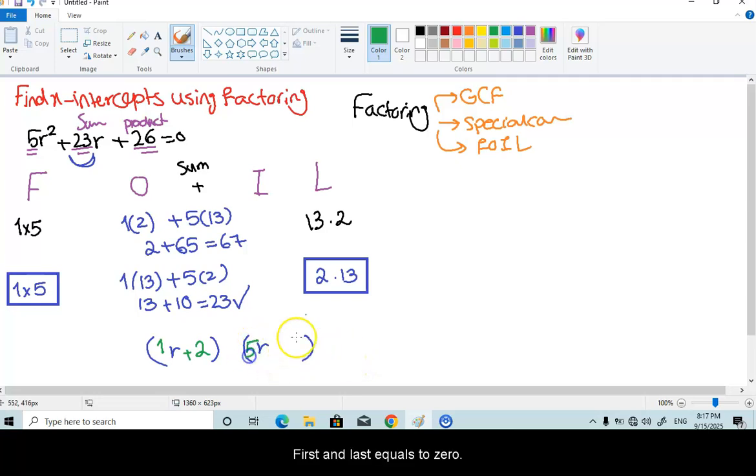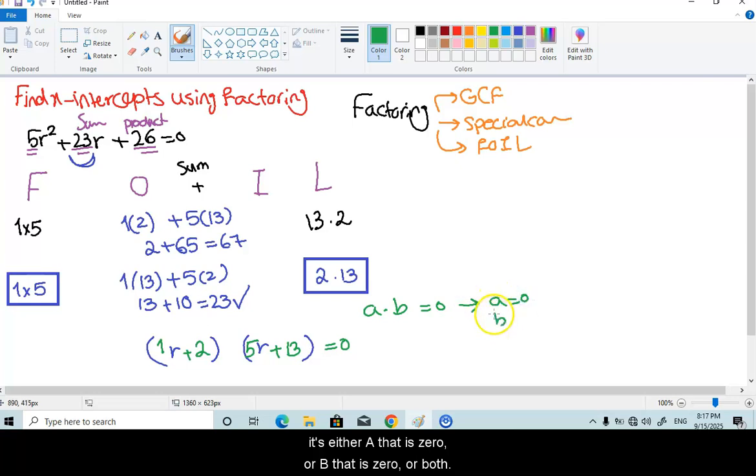First and last equals 0. This is the zero product property, meaning when A times B, meaning anything times anything, is equal to 0, it's either A that is 0 or B that is 0 or both. So that's why we say this parentheses times this parentheses is equal to 0.